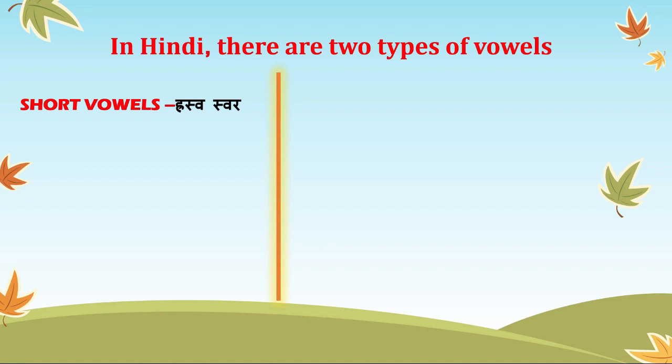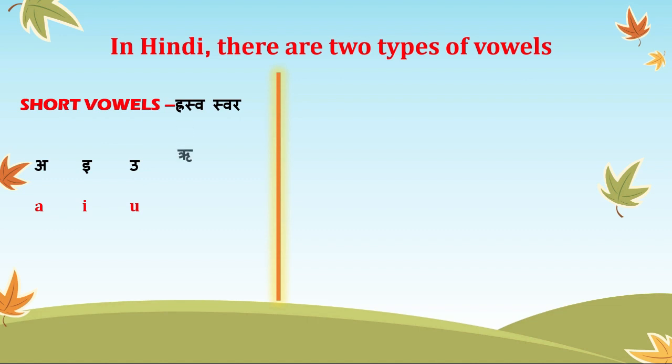So let's pronounce one by one. A, in English, A as in cat, C-A-T, cat. Next, I, in English, I as in sit, S-I-T, sit. Next, U, in English, U as in put, P-U-T, put.